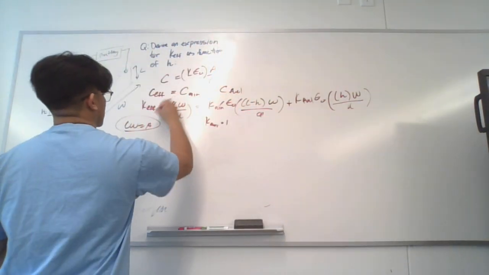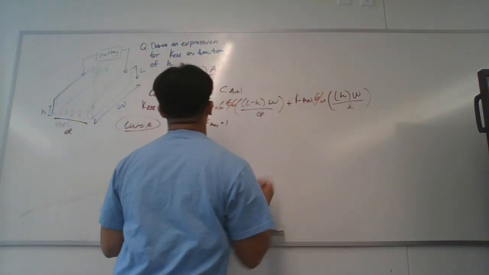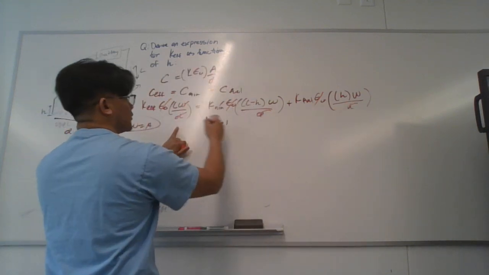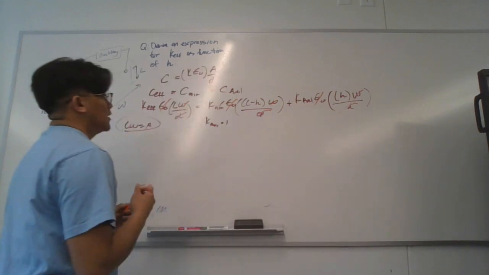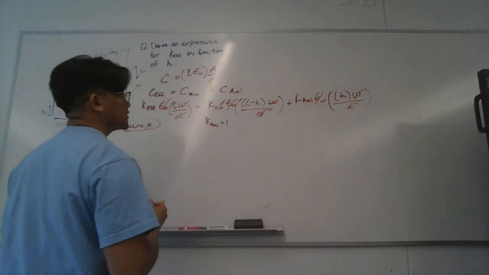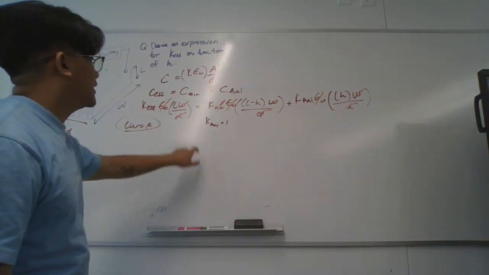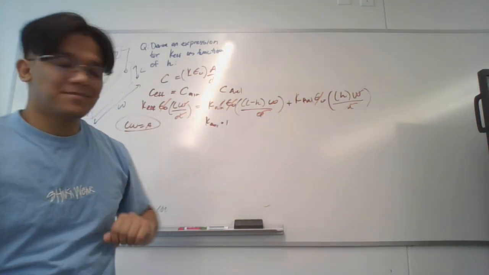We can cancel epsilon naught, cancel D, and cancel all the width, since they're all the same width. And this also cancels.